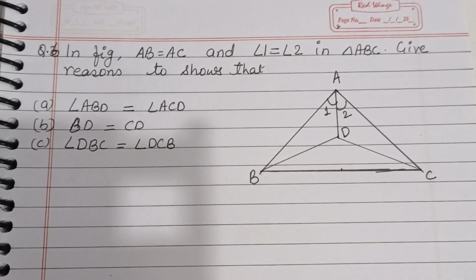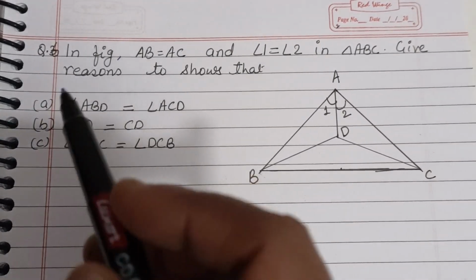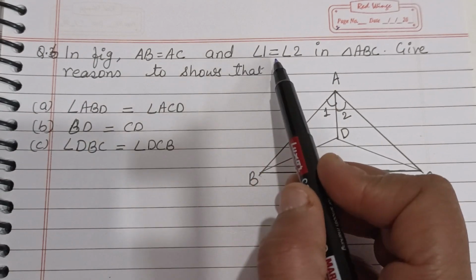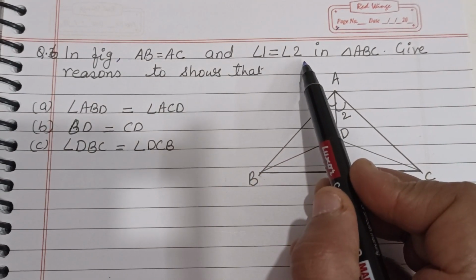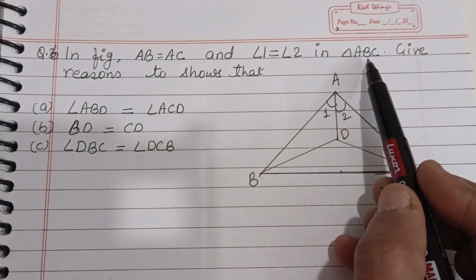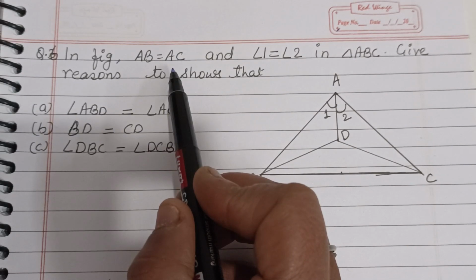Okay, now I am going to deal with the last problem for SAS congruence. The question says in the figure AB equals AC and angle 1 equals angle 2 in triangle ABC. That means in this triangle ABC two sides are equal, so it is an isosceles triangle.